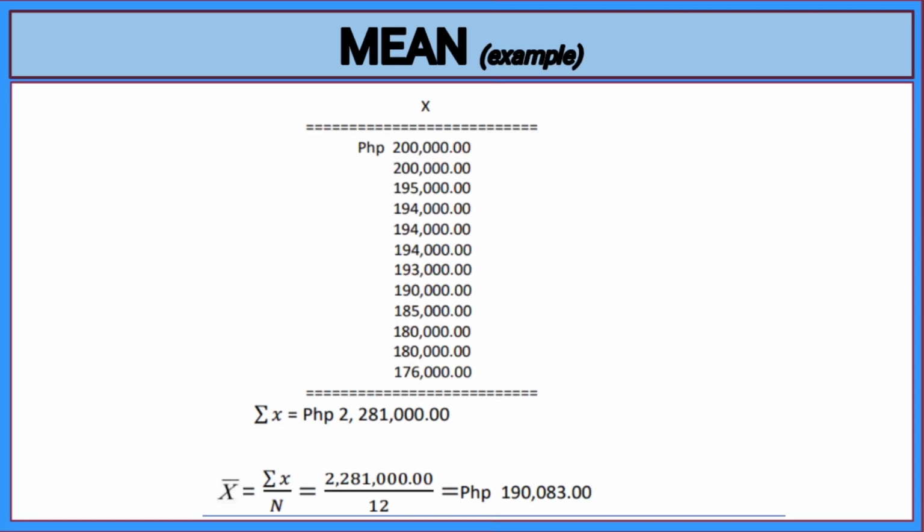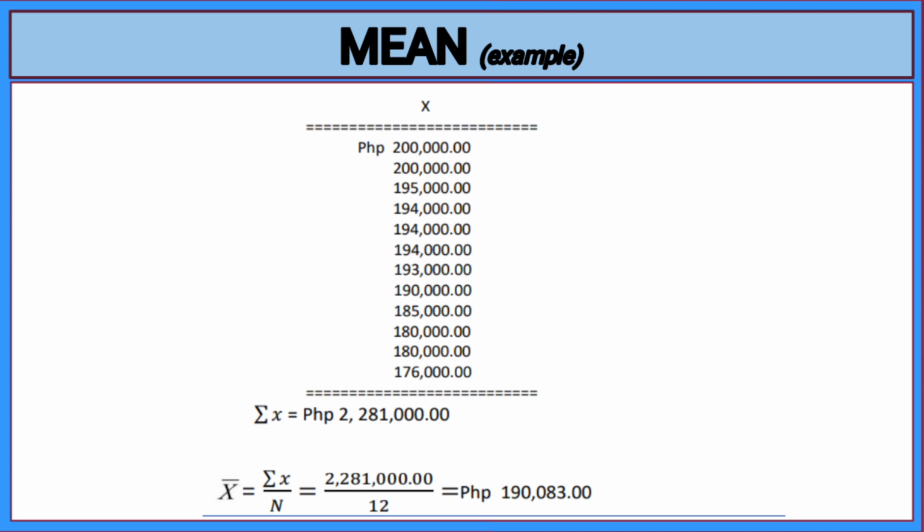And let's see the example for finding the mean. Say in this example concerning the annual income of 12 workers. So the mean can be found by calculating the average score of the distribution.